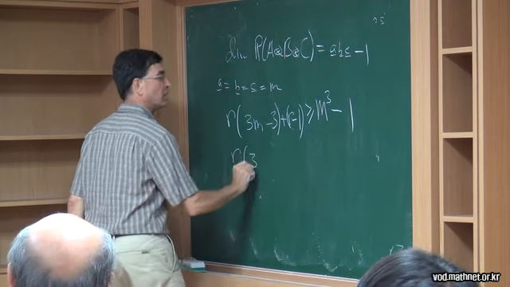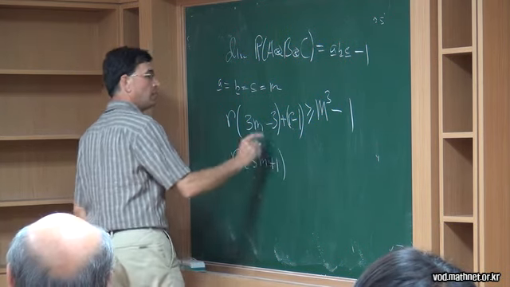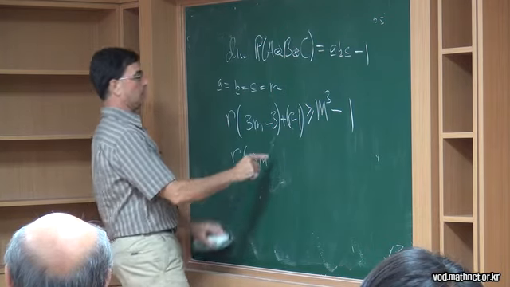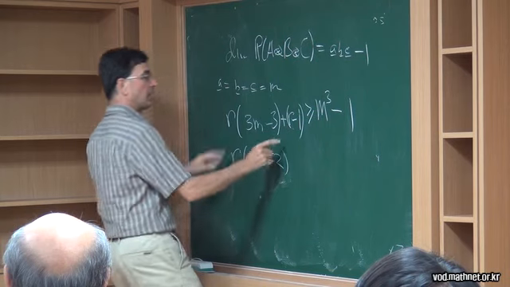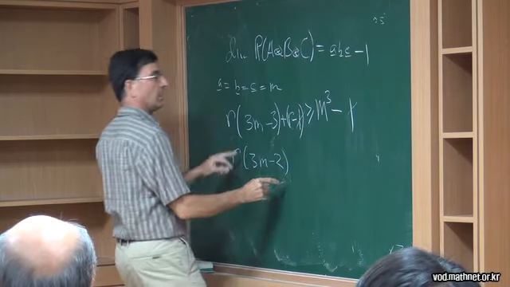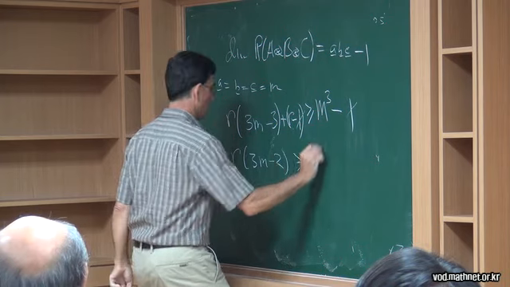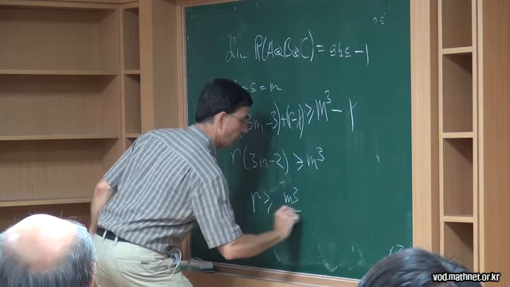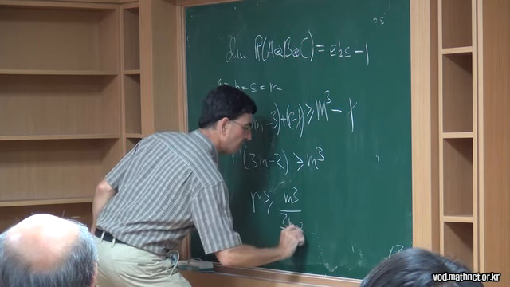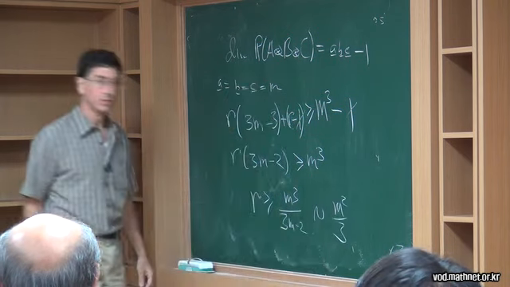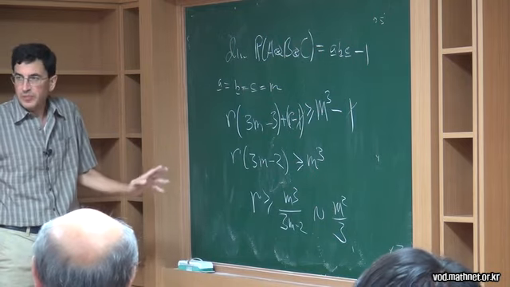R times 3m plus 1. Oh, but no, sorry, 3m minus 2. Thank you. Help me out. The minus 1's cancel. Greater than or equal to m cubed. R greater than or equal to m cubed over 3m minus 2. So this is some number like m squared over 3, roughly speaking, right?